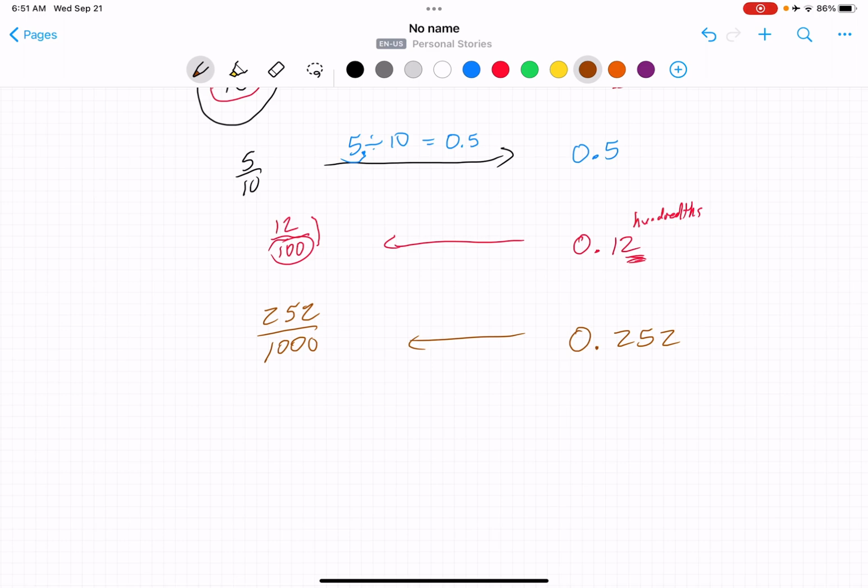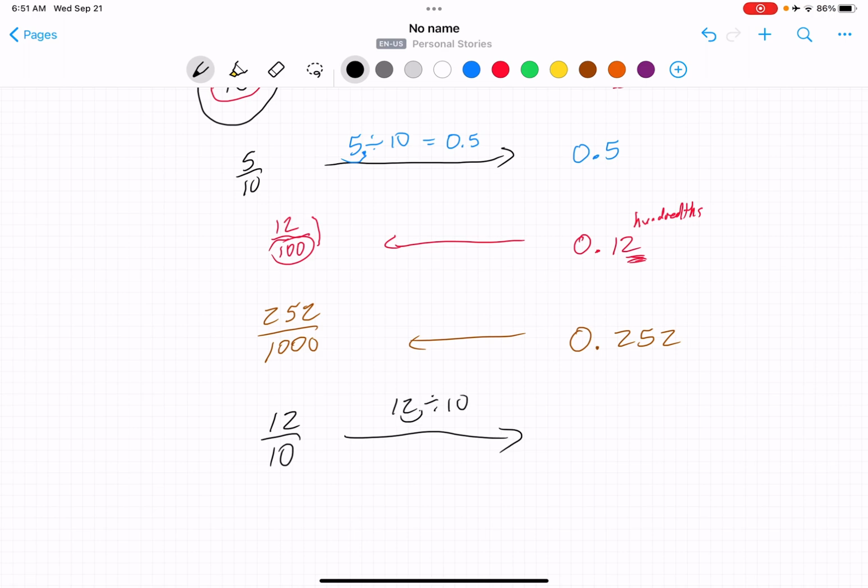Where it often gets tricky for students is if we get a value like 12 over 10. Well, that's a really strange looking fraction. It is strange because normally we call this an improper fraction, because it's more than one whole. But again, we can think of it as 12 divided by 10.